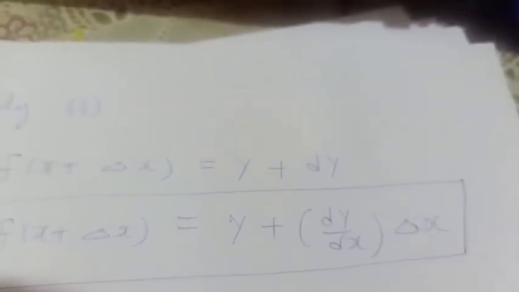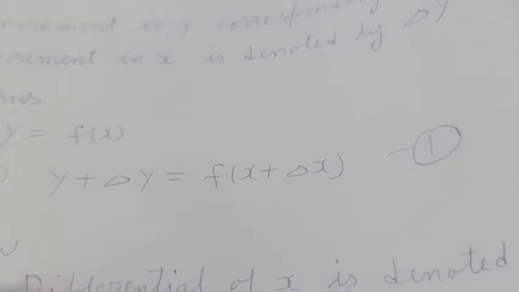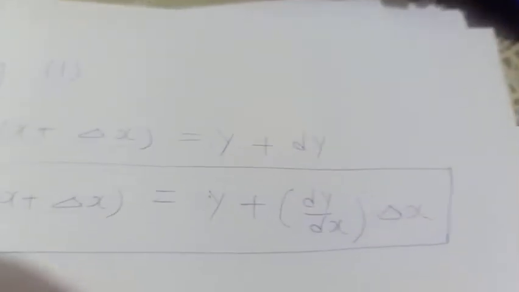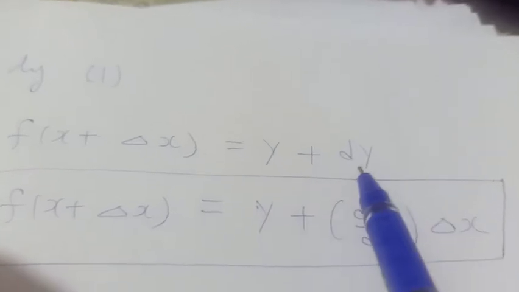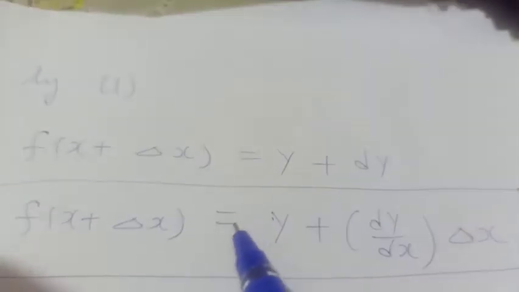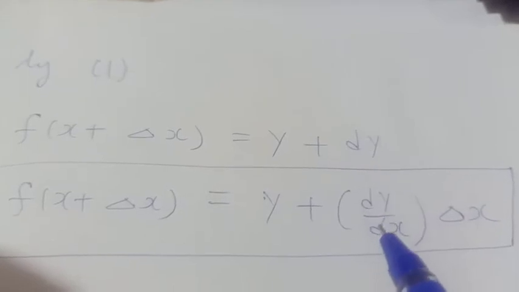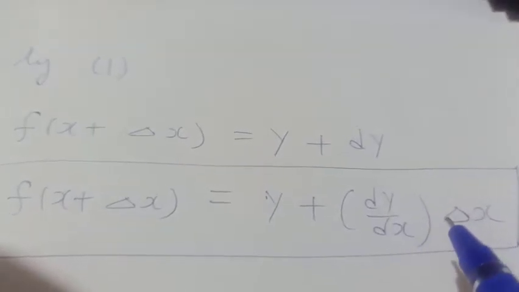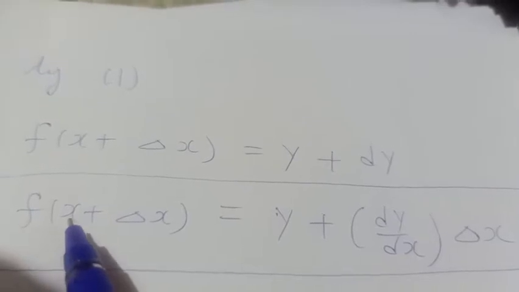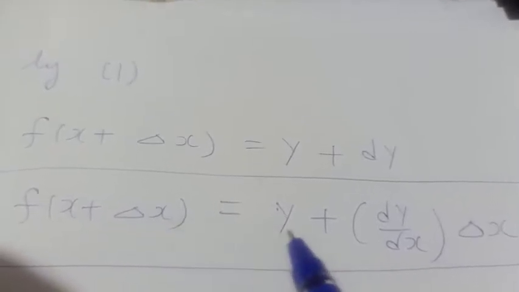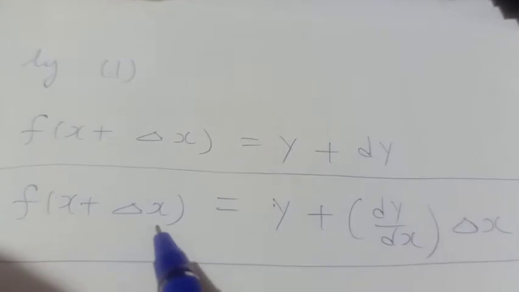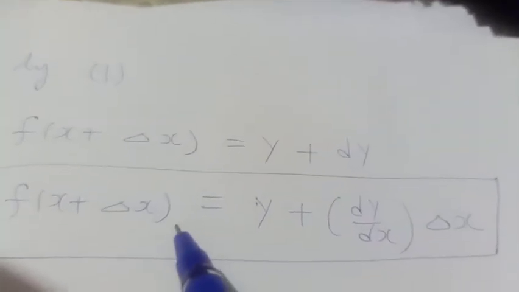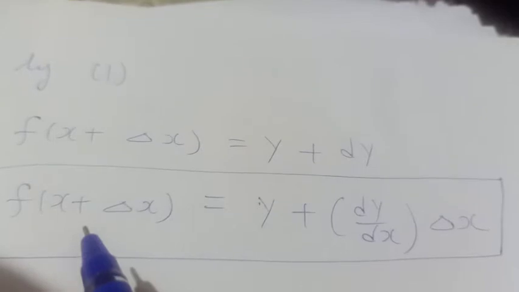So by equation 1, y plus delta y equal to f(x plus delta x), we can write f(x plus delta x) equal to y plus dy. Delta y is replaced by dy. Then the value of dy, that is dy by dx into delta x, we will put. So we can find the value of f(x plus delta x) using this formula.